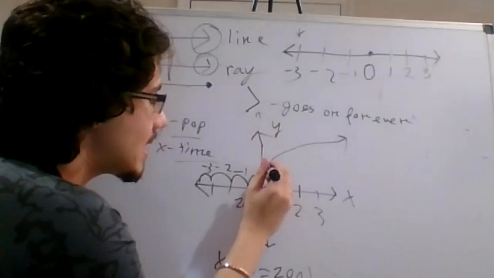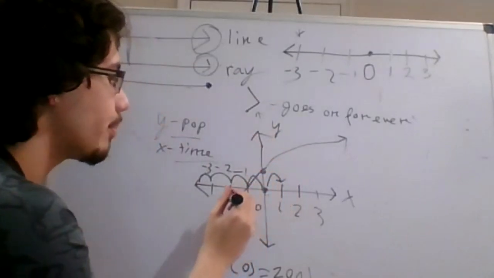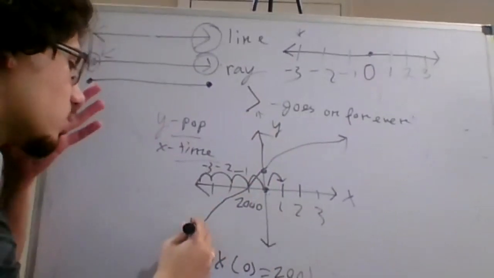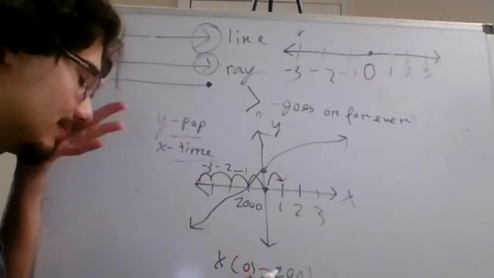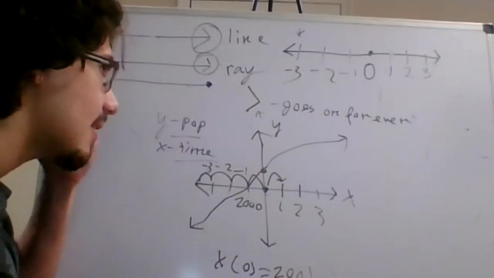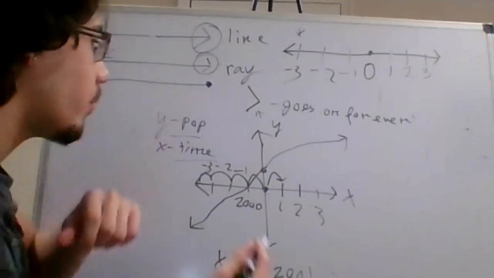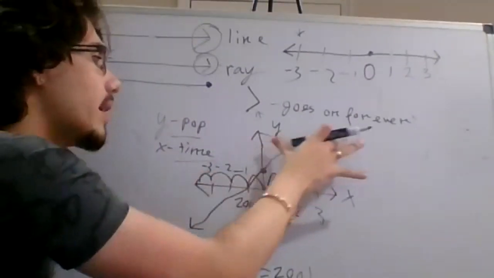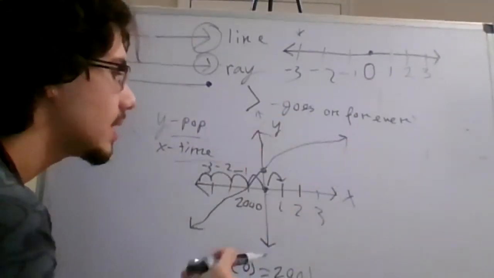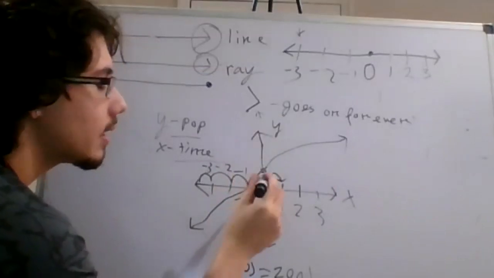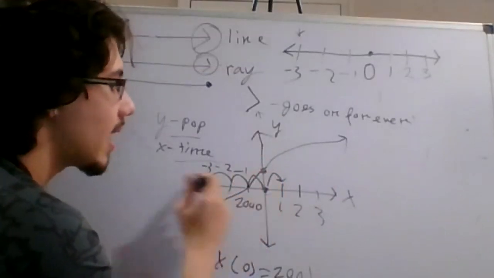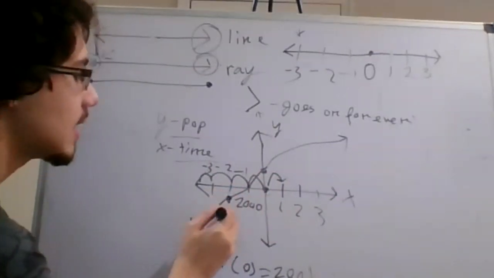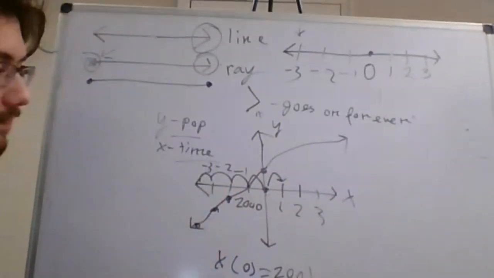What this means is that if we were to complete our graph, we would say that at year -1, the population would be at this value, and at year -2, the population would be at this value, and so forth.